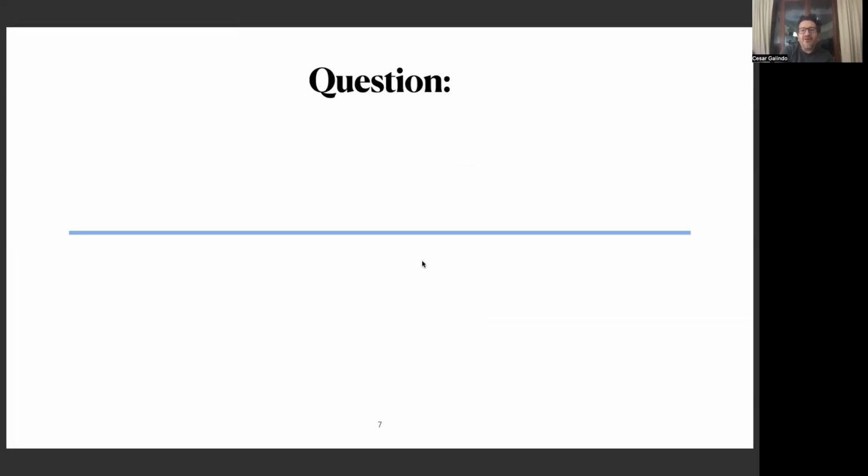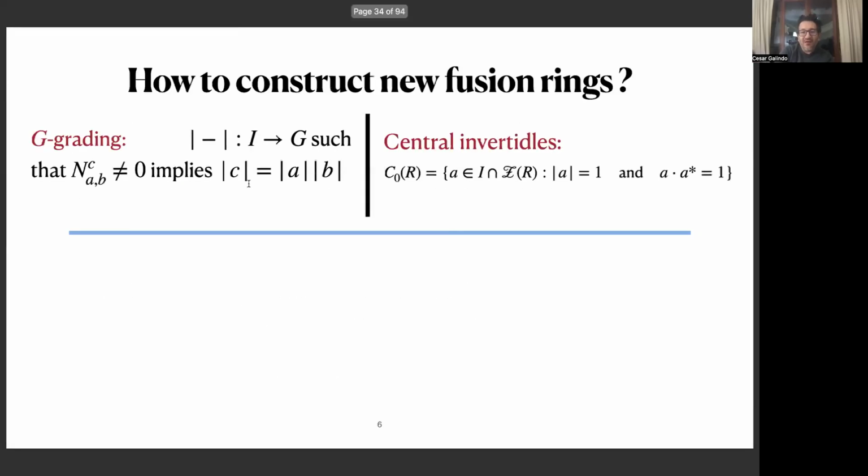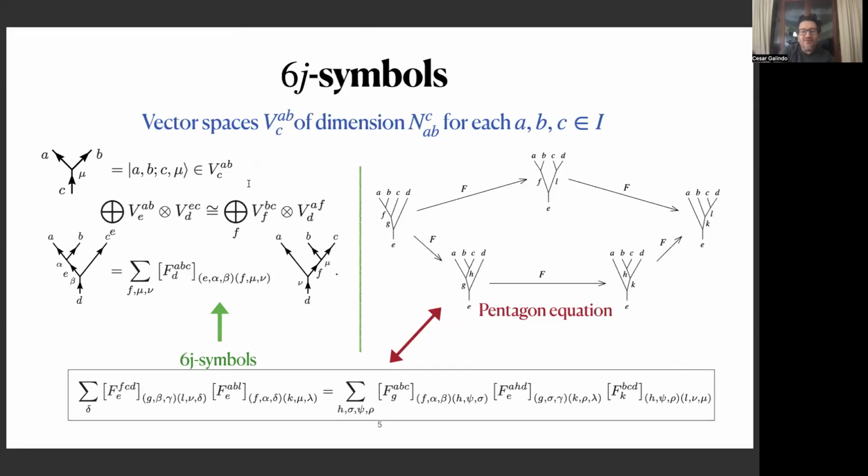So of course, here appear some natural questions. As I said, given a fusion ring, to know if that fusion ring comes from a fusion category is basically equivalent to finding an explicit solution of this equation. This kind of fusion rings are called categorifiable, that is, they admit a categorification.